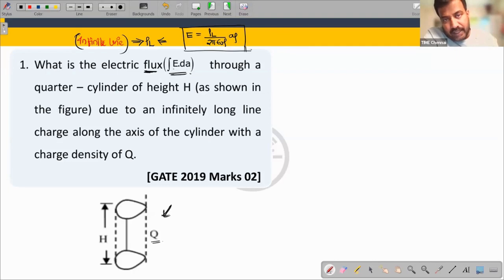Electric flux is given by the integral of E dot dA, which is equivalent to the surface integral of E dot dS. So I need to find the electric flux through a quarter cylinder. If I take a cylinder, I'm only taking 1/4 of it.